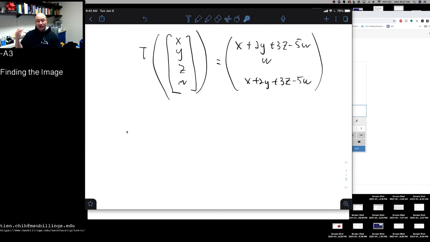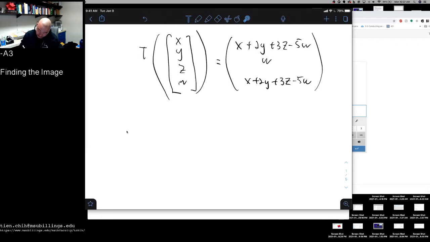But do note that just because the outputs are three-dimensional vectors doesn't mean that the image of this transformation necessarily has to be a three-dimensional space. You could take the whole four-dimensional space and flatten it down to a single point, or to a line, or to a plane, or maybe to the entire three-dimensional space. We don't know.